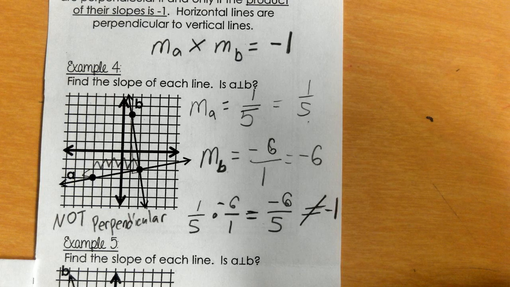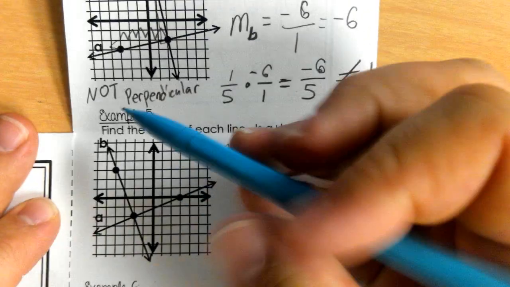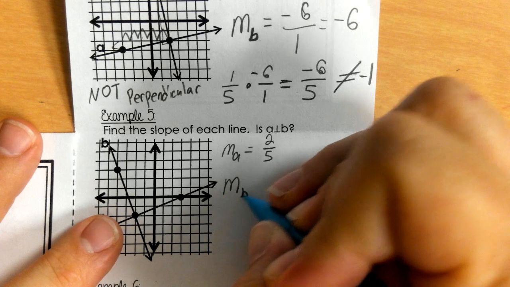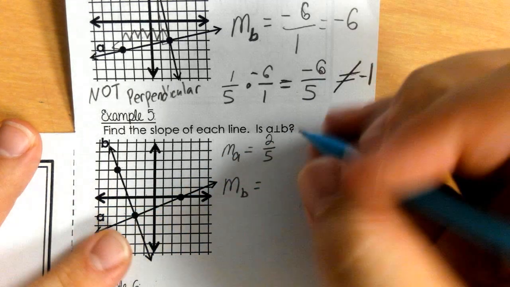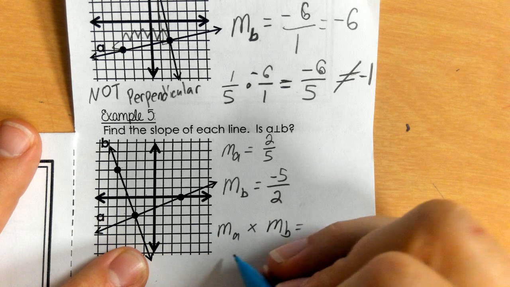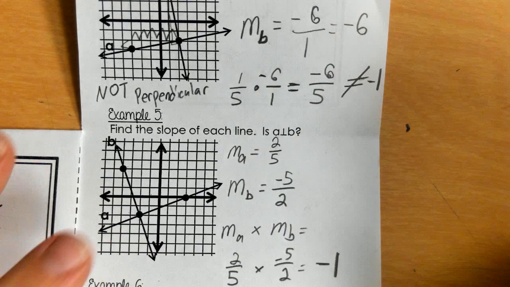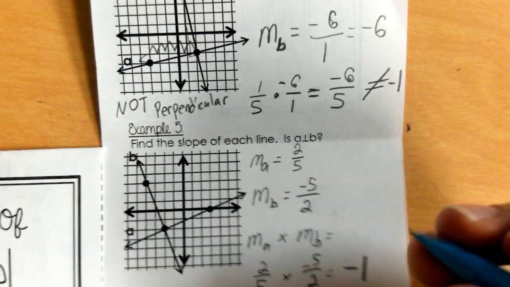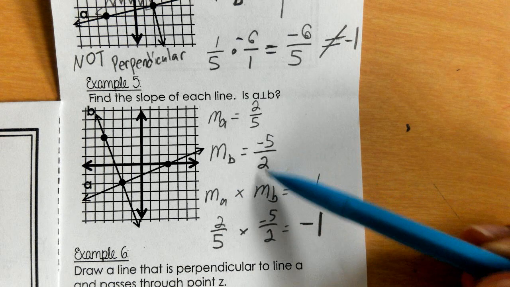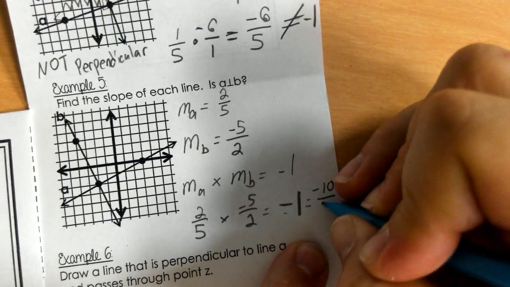Number 5, same process. When I multiply the slopes together, I get -1. 2/5, the slope of A, times the slope of B, negative 5 over 2, equals negative 1, because I get negative 10 over 10.